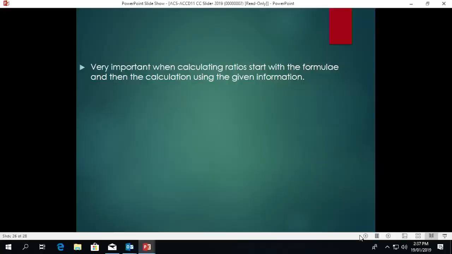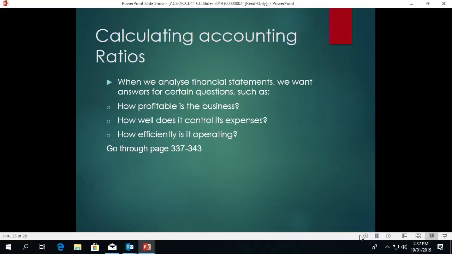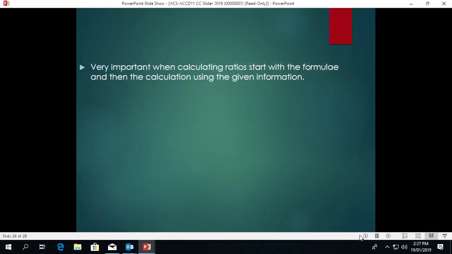You are only going to know this when you know the formula. Please, I press on you, know the formulas by heart. Because if you don't know the formulas, you have figures, but you cannot do anything. And it's given on page 337 to 343. Read through that.